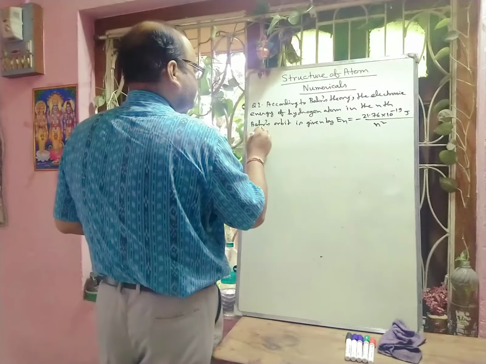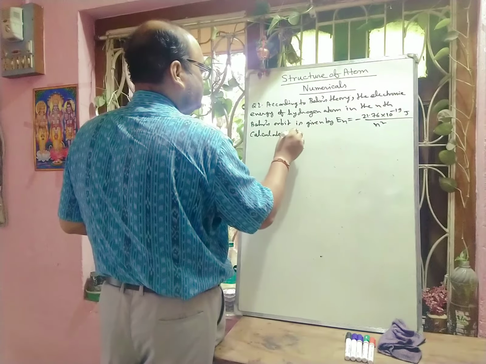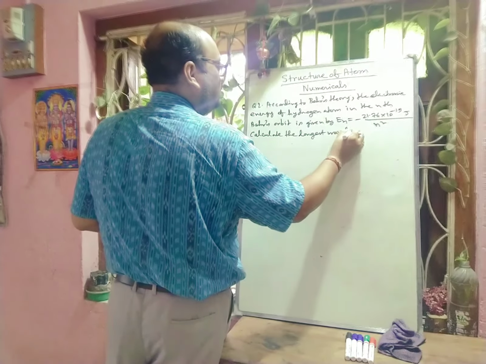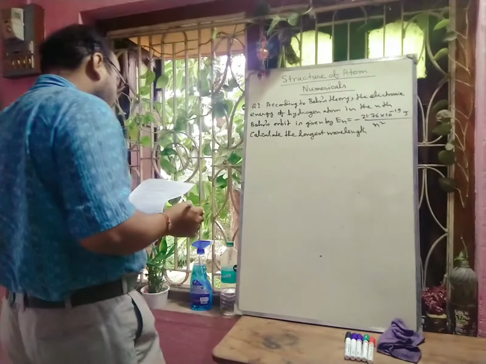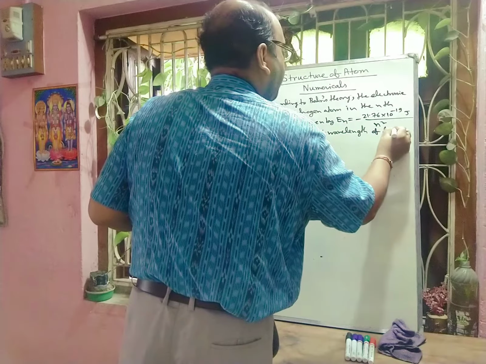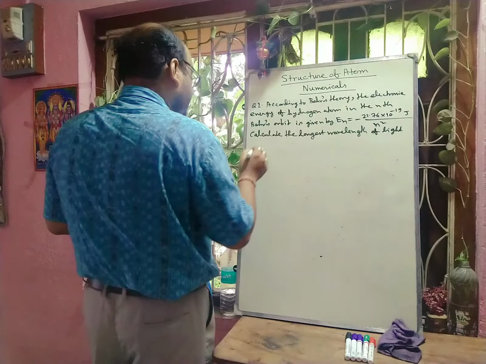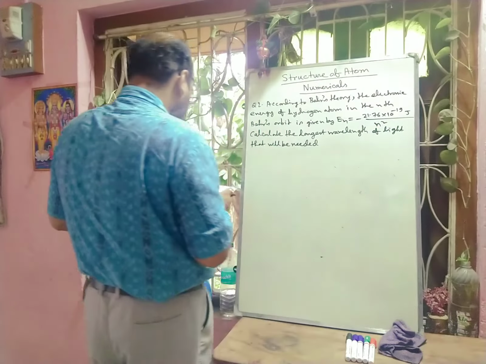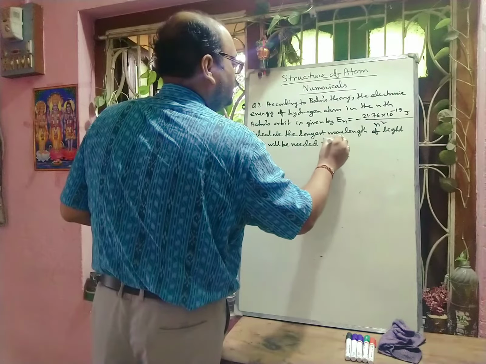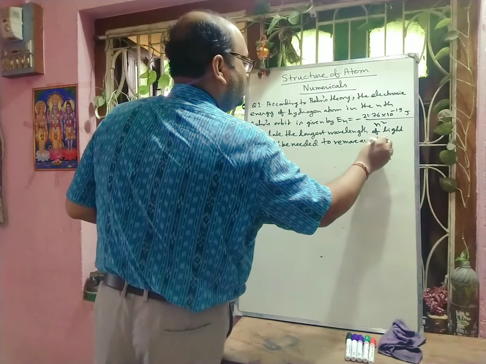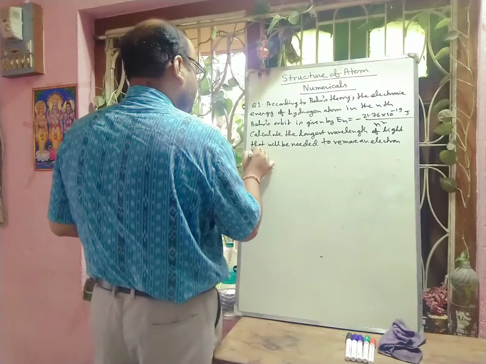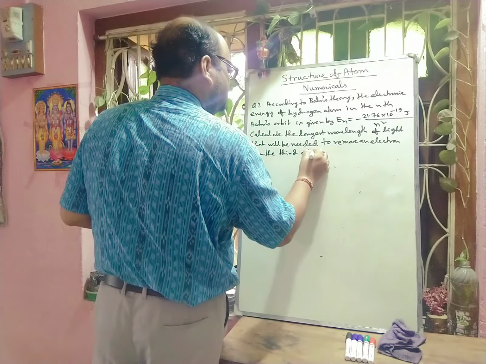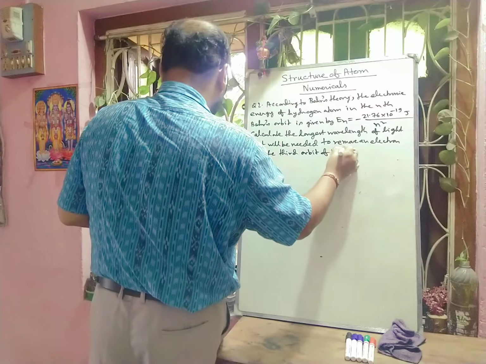Now calculate the longest wavelength of light that will be needed to remove an electron from the third orbit of He plus ion.